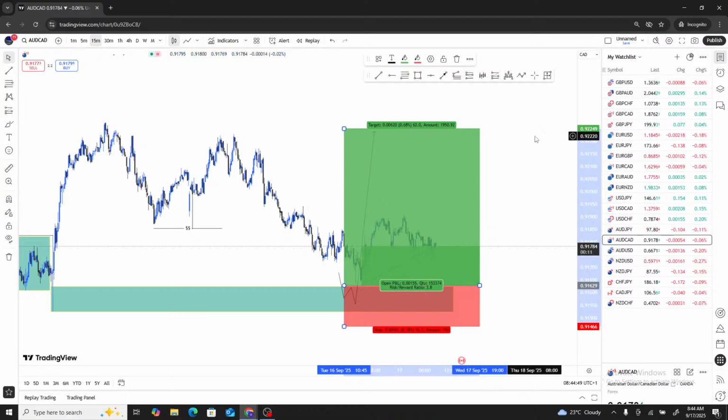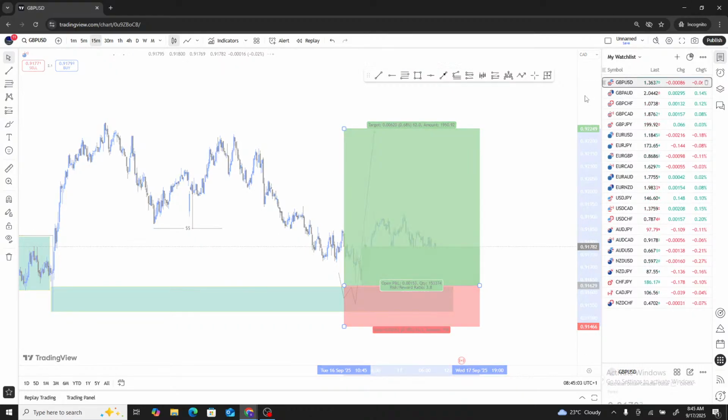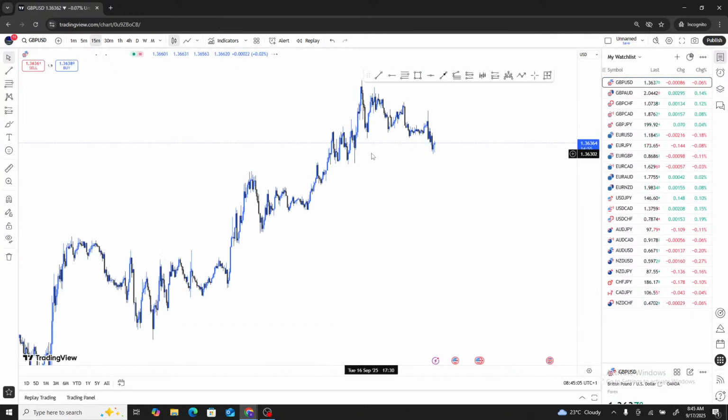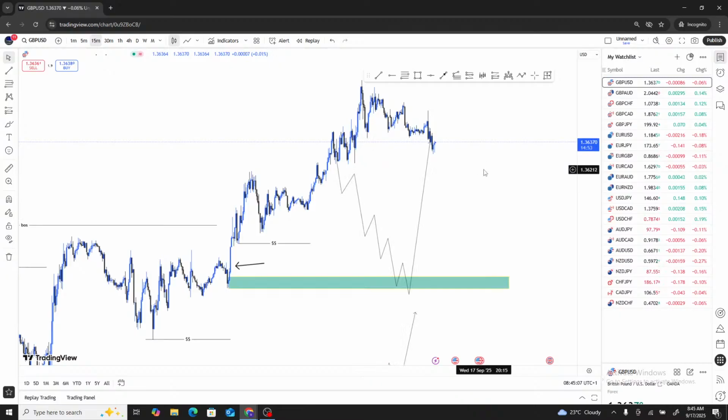Okay, so we look forward to see price push to the upside till TP. But today we can look at other pairs to see what they have for us. First of all, let's start from the very beginning. This is GBP USD.